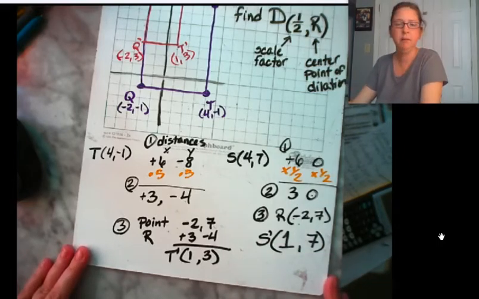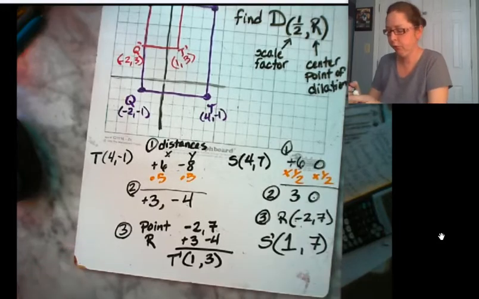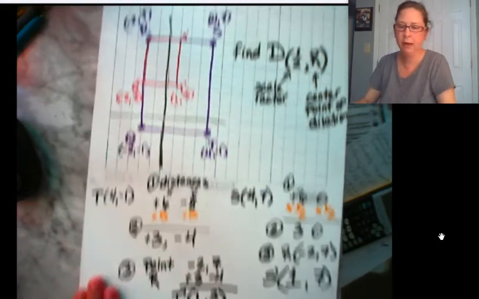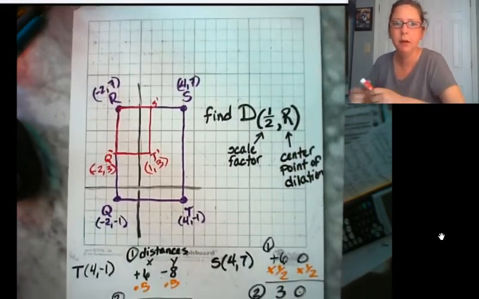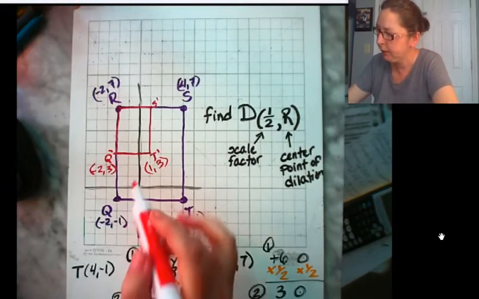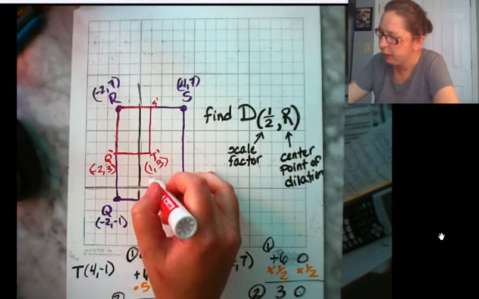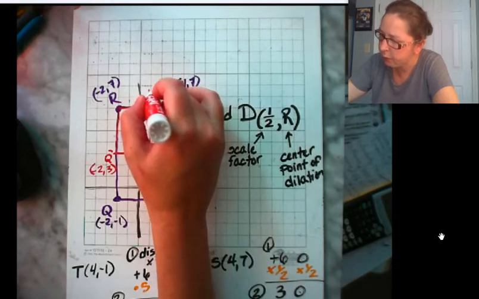1 comma 7. So let's go check up above that it actually lined up right there at my X value here is 1, and then up 7 is right here.